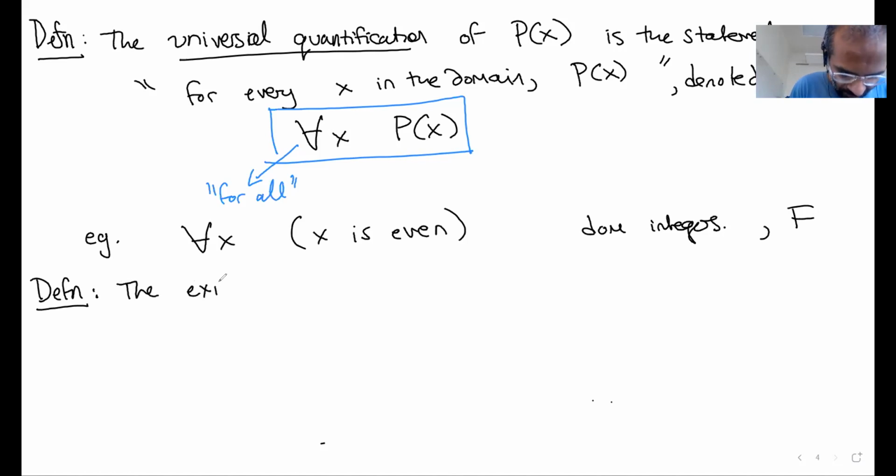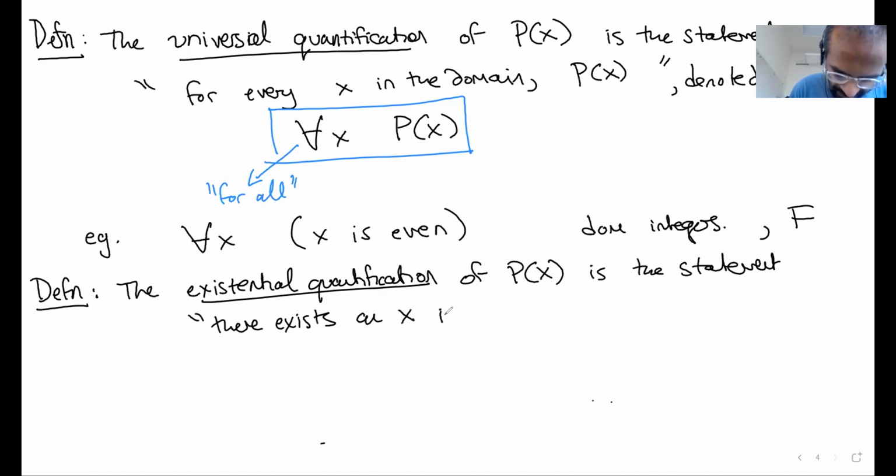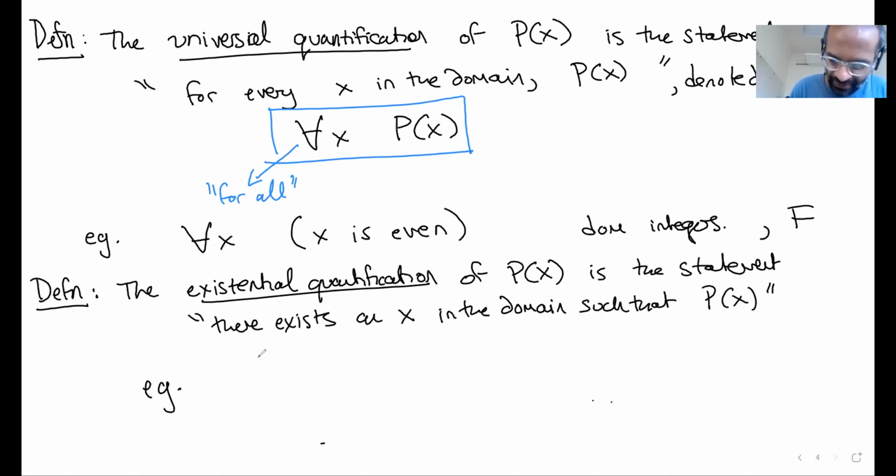So the existential quantification of a propositional function P of x is the statement: there exists an x in the domain such that P of x. And of course there's a notation for this which I'll write down.